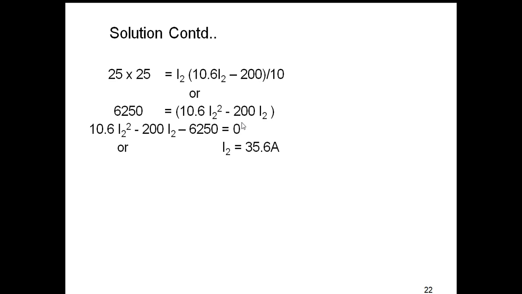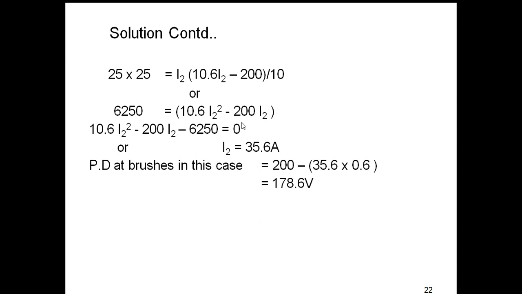On solving this, we get the value of I2 is equal to 35.6 amperes. Now, if we substitute this in the potential drop at brushes, then we get 200 minus 35.6 into 0.6. That is 178.6.